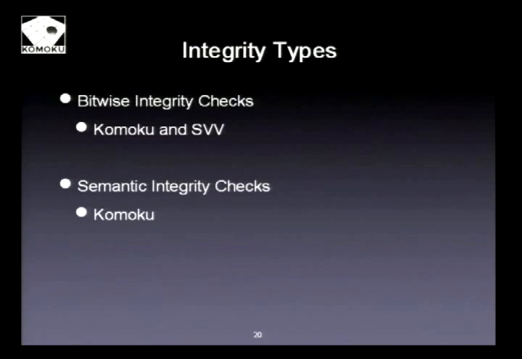But bitwise integrity is what we're all probably familiar with: MD5, SHA-1, SHA-256 hashes. They basically look at the scalar representation of the bits, whether they be in the file or in memory. You take a checkpoint or a baseline, a snapshot as we call it, and you compare it at some point later in time, and the robustness of the cryptographic hashes should indicate if there's any tampering of those bits.